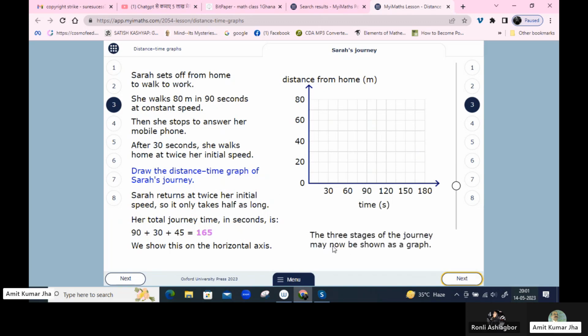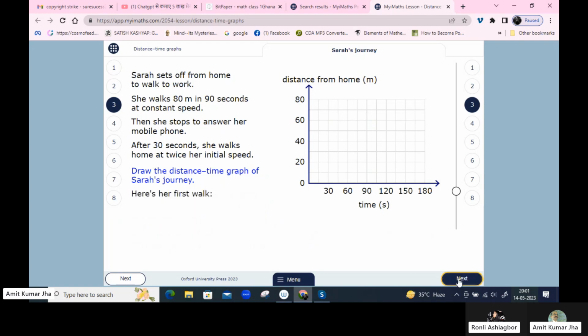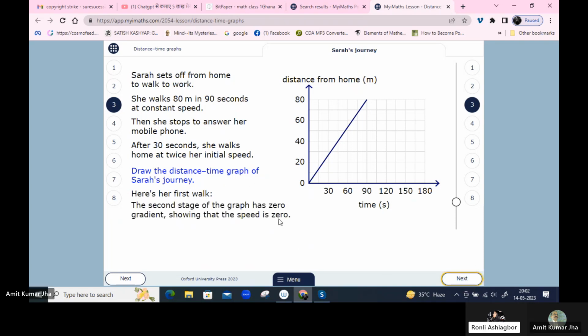The 3 stages of the journey may now be shown as a graph. Here is her first walk. She first moves up to 80 meters in 90 seconds. Till here it is 80 meters and 90 seconds. After that she stops. The graph has zero gradient, showing that the speed is 0.